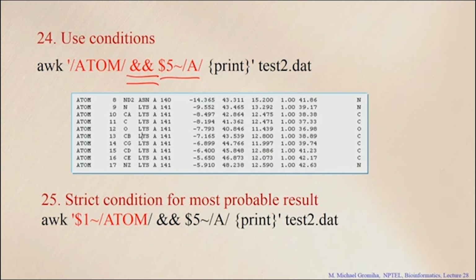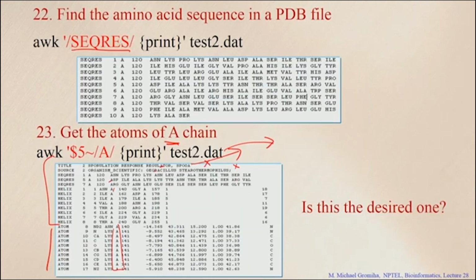We can check for ATOM anywhere and the fifth column is A, then you print. But if a record contains ATOM somewhere else, for example here there is an ATOM, then that will print too, since the fifth satisfies A and this is ATOM.